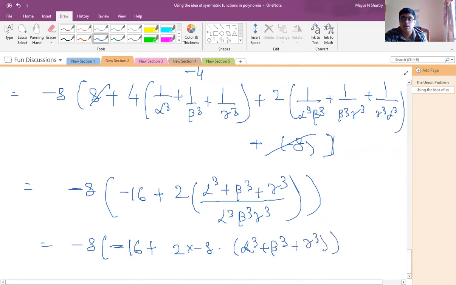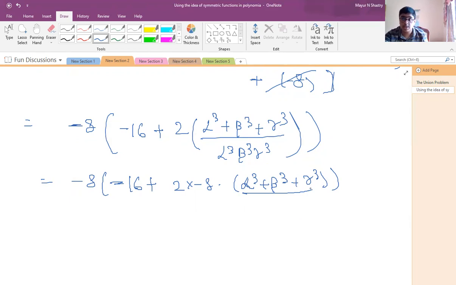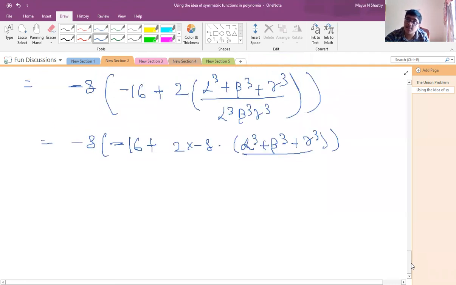So, yeah. So what we have to find is this expression, what is this expression? We haven't calculated it yet. So our next goal would be to calculate that. What is alpha cube plus beta cube plus gamma cube? Let's see what that is. And again, realize that alpha cube plus beta cube plus gamma cube is in fact a symmetric function.